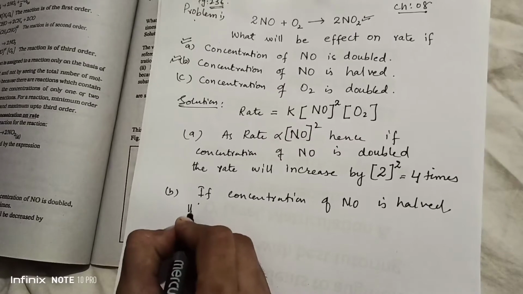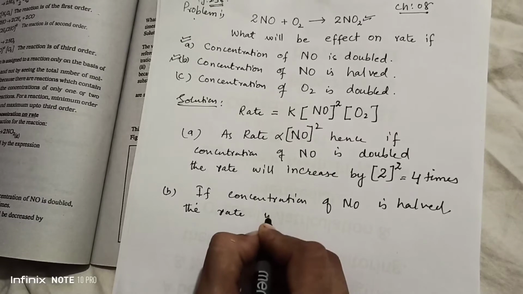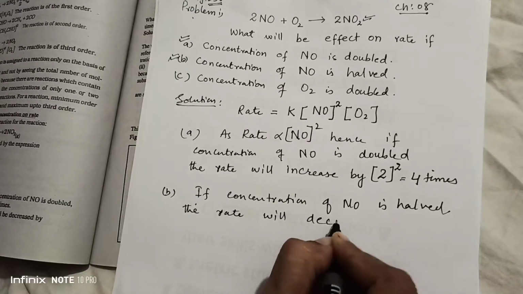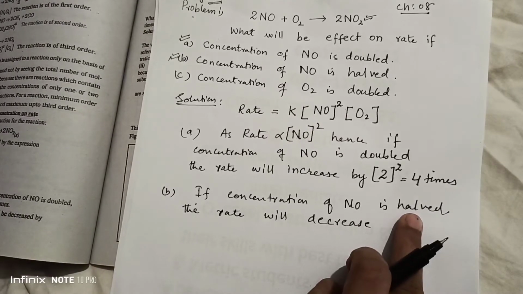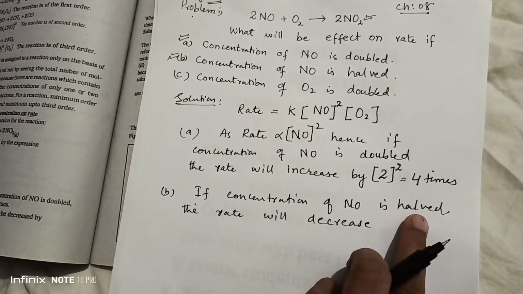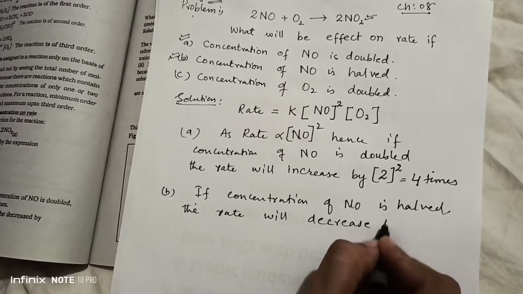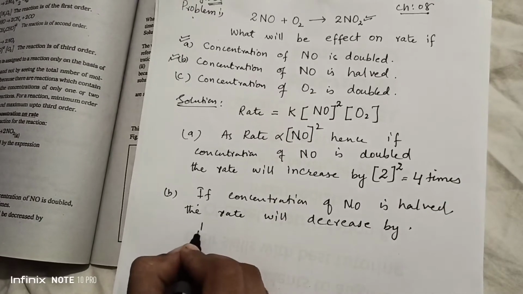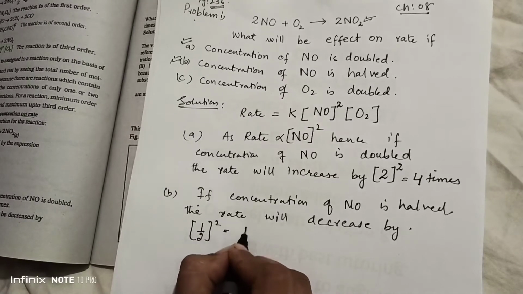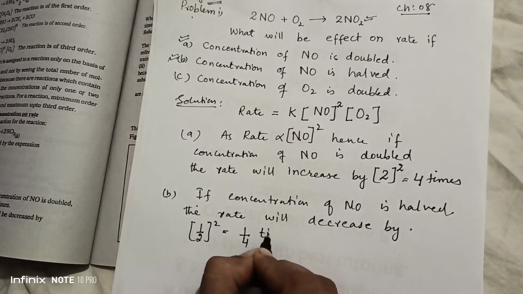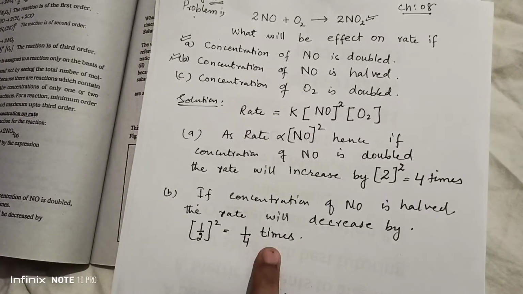The rate will decrease, because the concentration is decreasing. By how many times? 1 upon 2, and it's a square, so it will become 1 upon 4. The rate will decrease 1 upon 4 times.